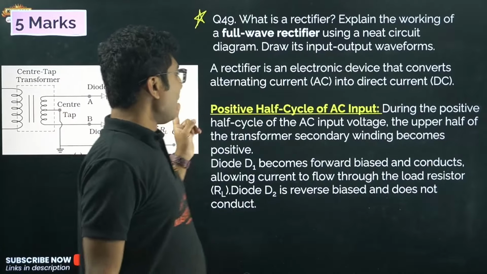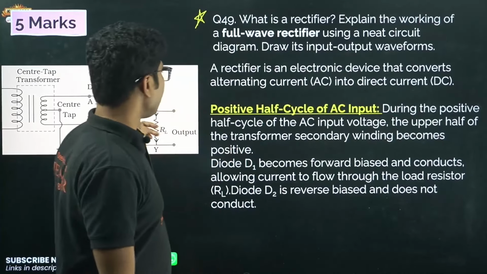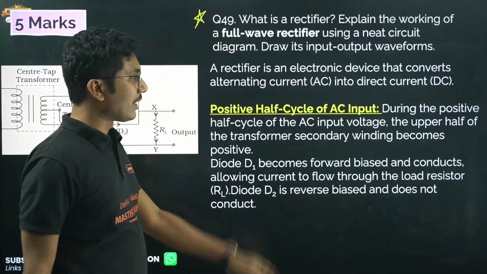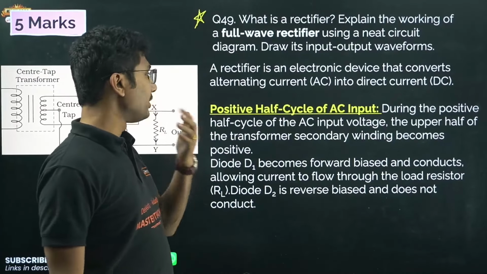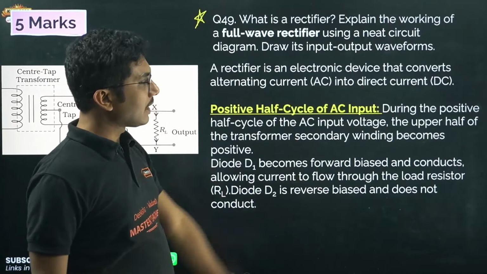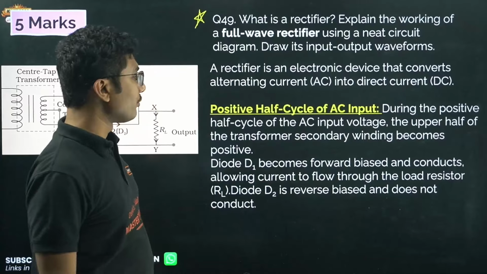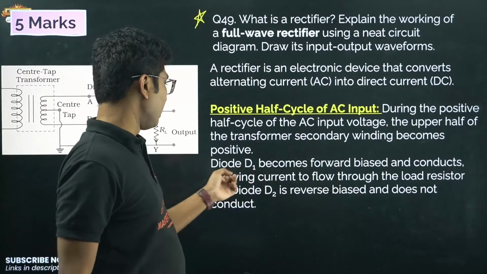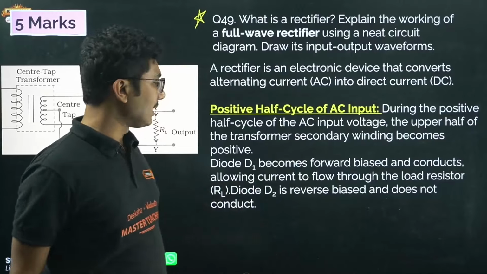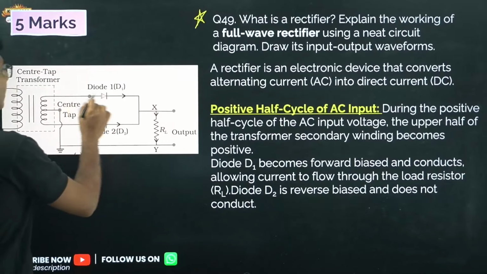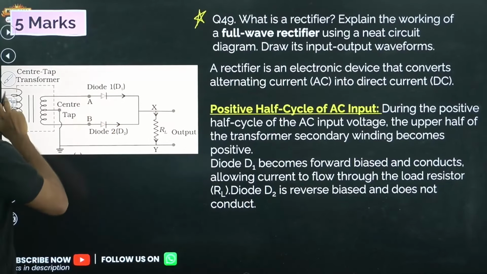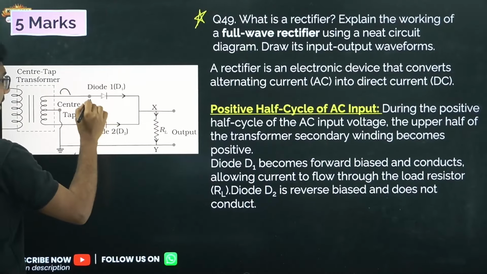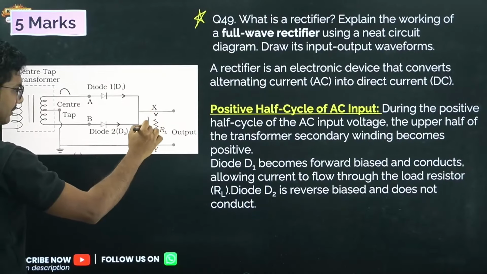During the positive half cycle of the input AC, the upper half of the transformer secondary winding becomes positive. Diode D1 becomes forward biased and conducts, allowing the current to flow through the load in this direction. Diode D2 is reverse biased and does not conduct. So in the positive half cycle, this diode conducts and current is passing through this.